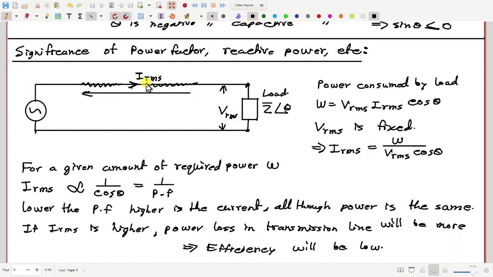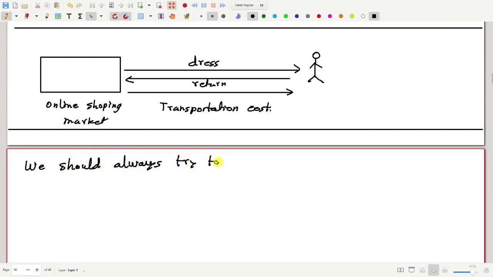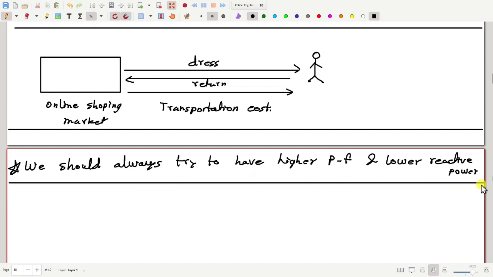So it is always better to have a higher power factor, that means lower reactive power. So we should always try to have higher power factor and lower reactive power. Okay, that's the essential lesson which we learn from here.